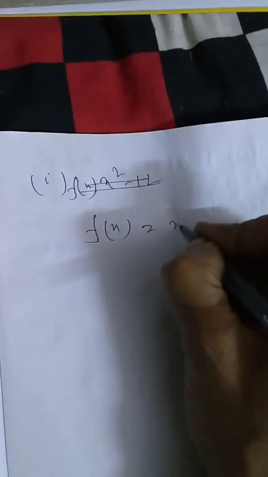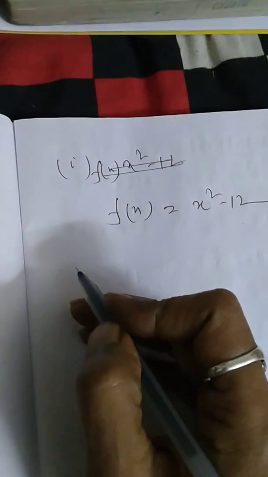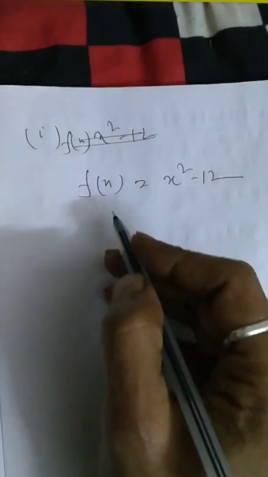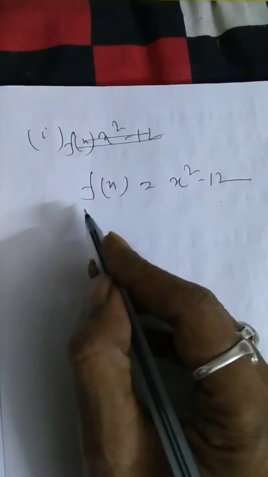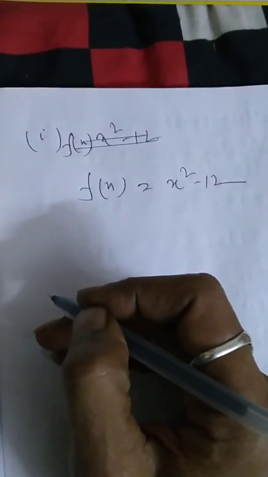As we saw in the earlier problem, first we have to choose whether the function is for a particular coordinate or point.